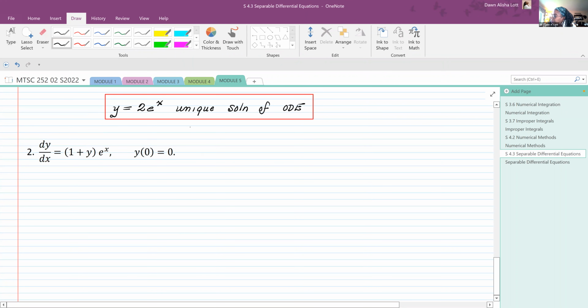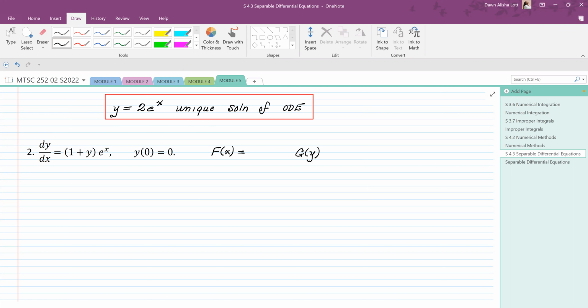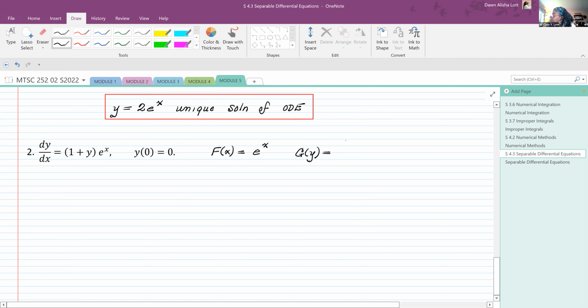All right, so can somebody tell me what f of x is and what is g of y? F of x is e to the x and g of y is 1 plus y. Excellent. Okay, so the g of y is what's going to have to move.